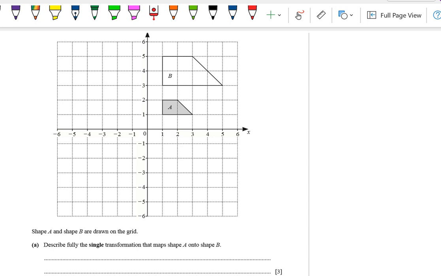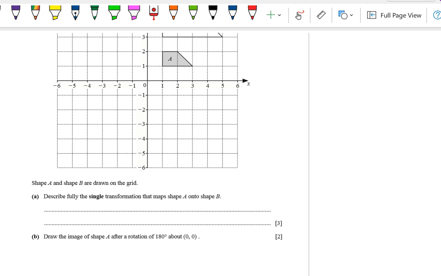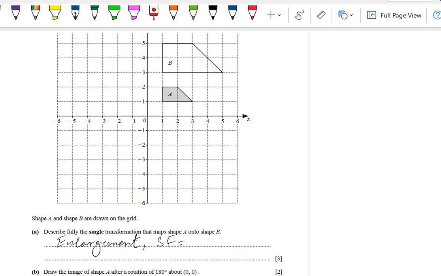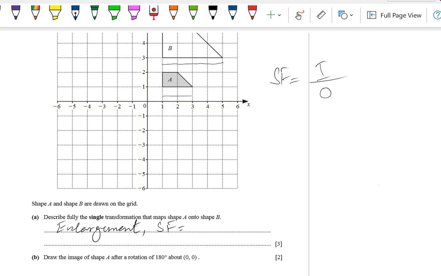A on to B, definitely it's an enlargement. With the scale factor is measured by any side taken from image divided by object. 1, 2, 3, 4, 1, 2.